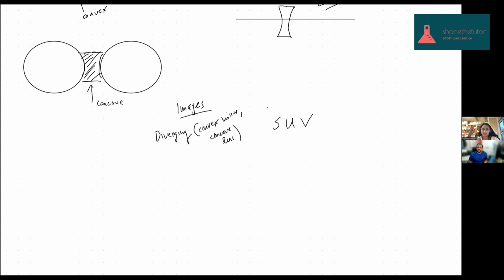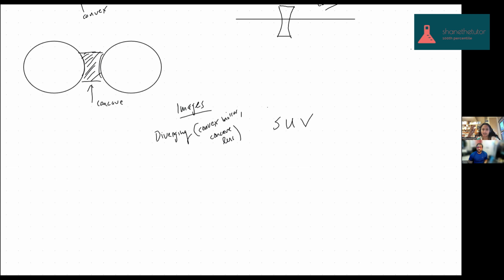So, have you ever used a magnifying glass to burn things when you were a kid? No, but I've seen it in cartoons. Yes, exactly. So let's think about that.